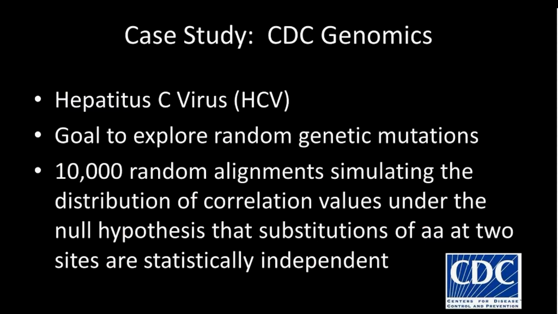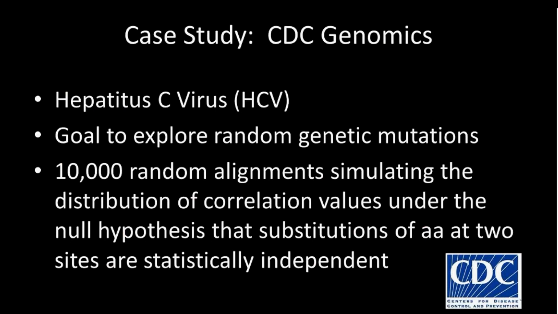I wanted to start this presentation today by sharing some case studies. One of my favorites comes from the Center for Disease Control, and we're looking at a hepatitis C virus, and their goal was to explore random genetic mutations of that virus. They had 10,000 random alignments simulating the distribution of correlation values under the null hypothesis that substitutions of the amino acid at two sites are statistically independent.